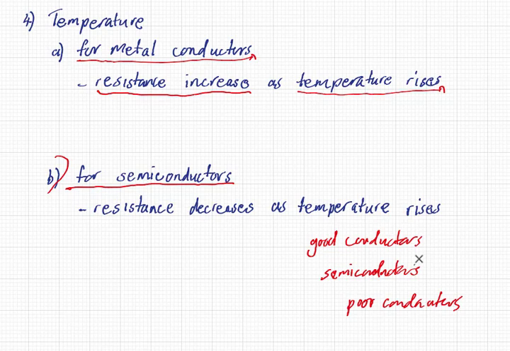Some materials have less resistance, while some have high resistance. And temperature: for conductors, as the temperature goes up, resistance also goes up. For semiconductors, as temperature goes up, resistance goes down. So that's it about the factors affecting resistance.